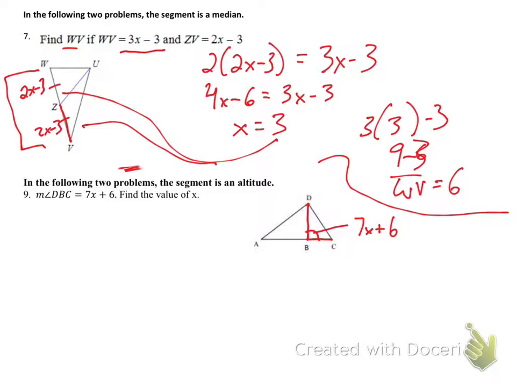What we have to remember is because this is an altitude, wherever it meets, it's going to create a 90-degree angle. So this right here is 90 degrees. Therefore, this has to also be a 90-degree angle. So I can just set 7x minus 6 equal to 90 degrees. So then I do 7x is equal to 96.